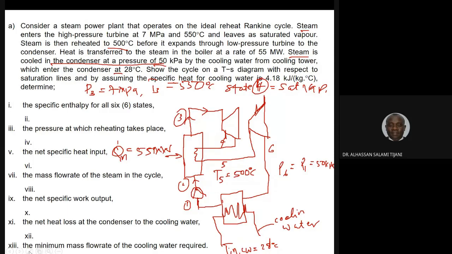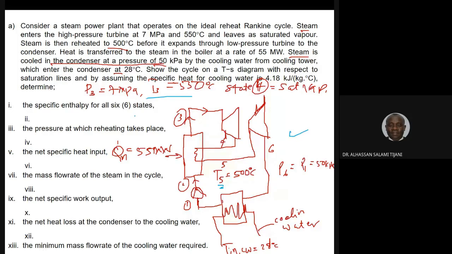So here we have the cycle given. The cycle is this that I have already sketched. The fluid enters the turbine at this state, and then it is expanded and then reheated again. So the reheating temperature is 500 degrees Celsius.